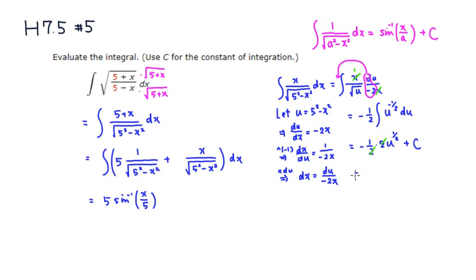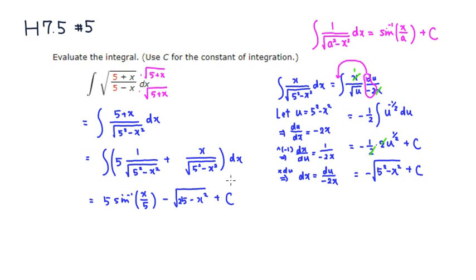You're going to get a negative, and the u was originally 5 squared minus x squared, to the 1/2 power, which is a square root, plus some constant c. So we're going to put that back in. This is a negative square root of 5 squared, maybe I can write 25, minus x squared, plus some constant c.